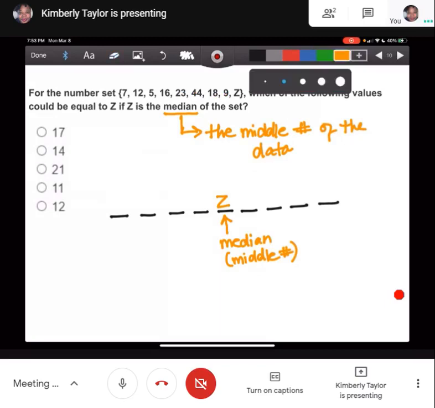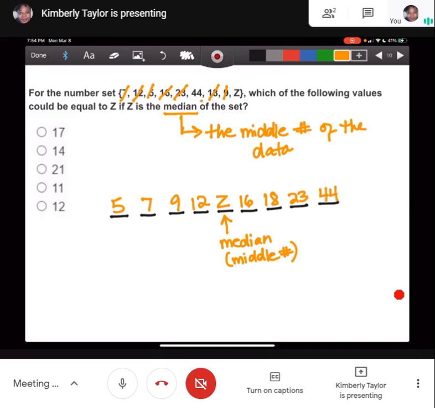Now let's put these numbers in order from least to greatest. The first number is 5, and then 7, and 9, and 12, and then there's my middle number, which I don't know what it is, and after that, the next biggest number is 16, then 18, 23, and 44.